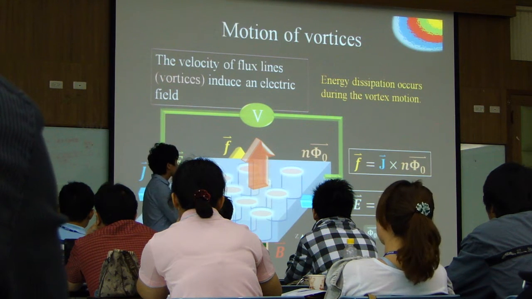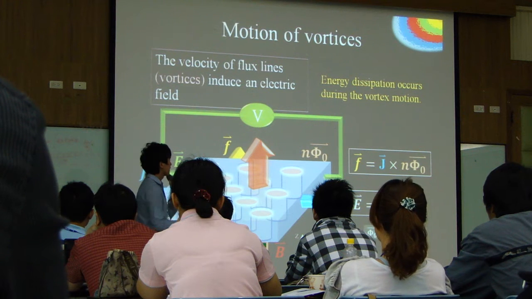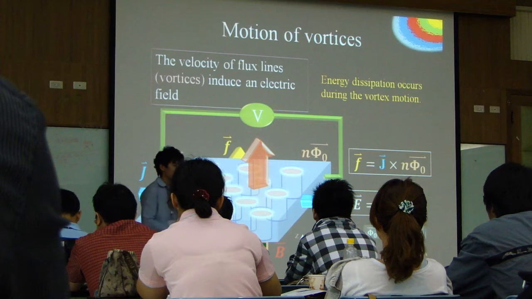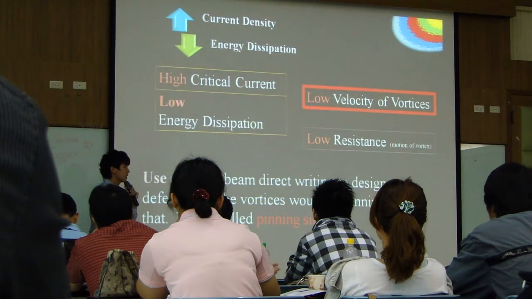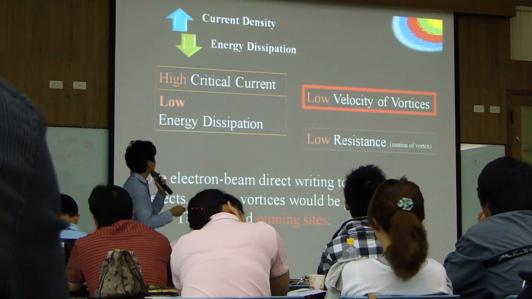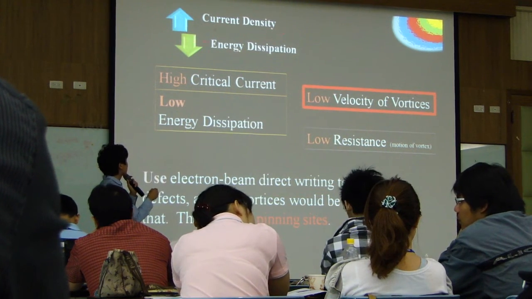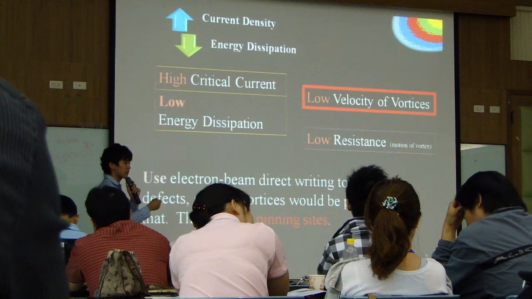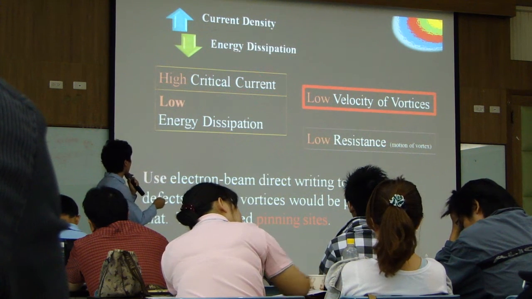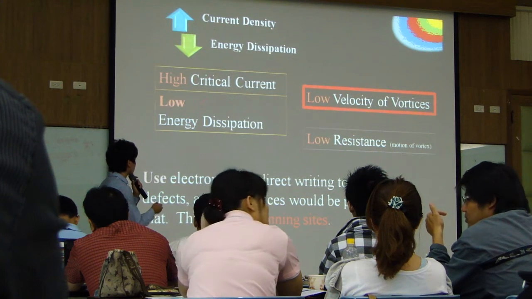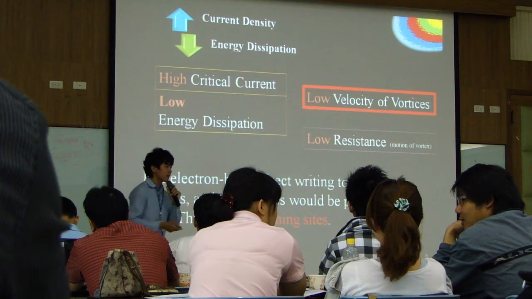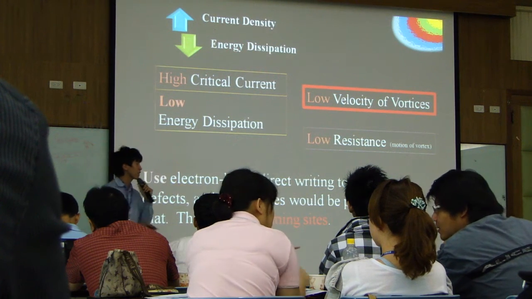But there is a very important thing. If the vortex moves, energy dissipation will occur. So in our application, what we want is high current density, high critical current, and low energy dissipation. And we know that the energy dissipation is because of the velocity of the vortex.